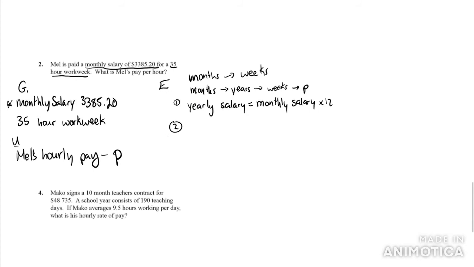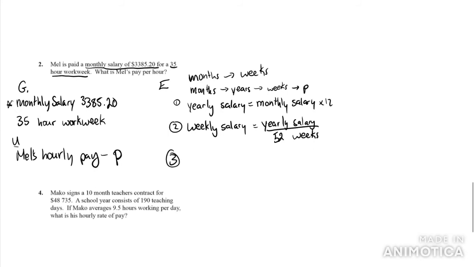Next up, I need to go from yearly to weekly. So my weekly salary equals my yearly salary. And in this case, there's 52 weeks in a year, so I'm going to divide by 52 weeks.